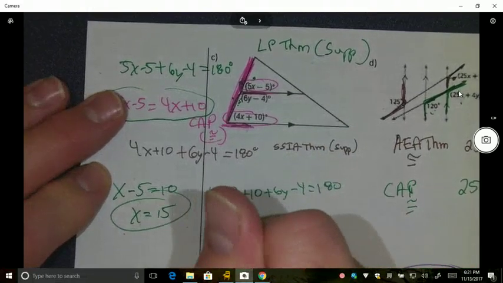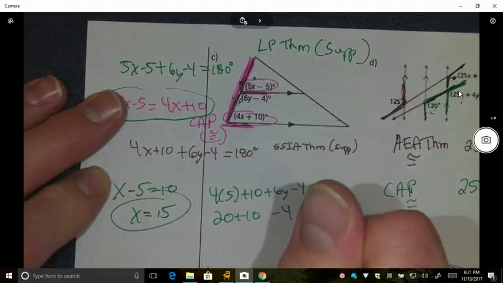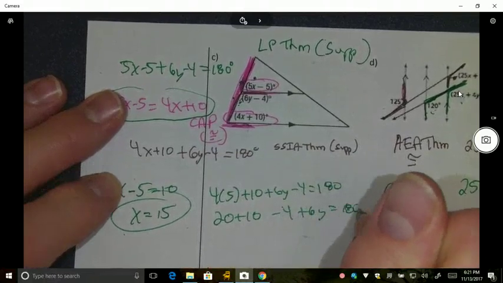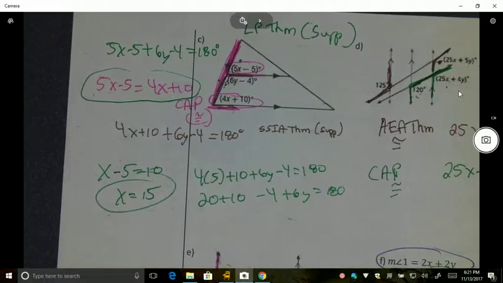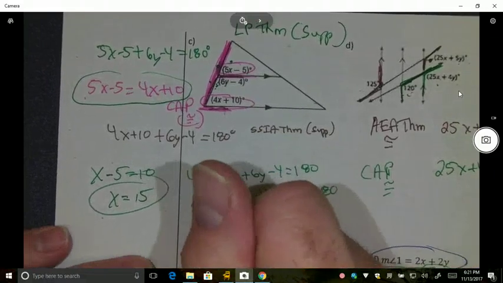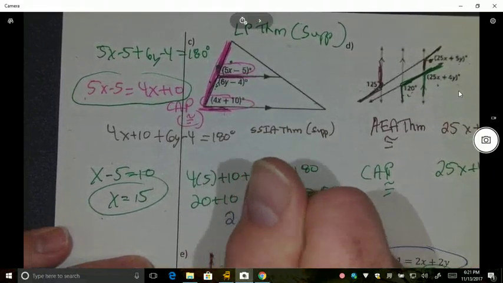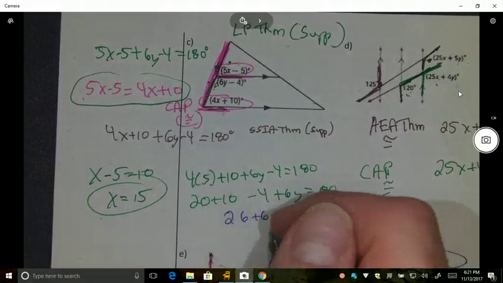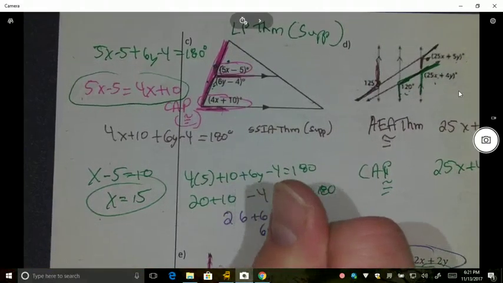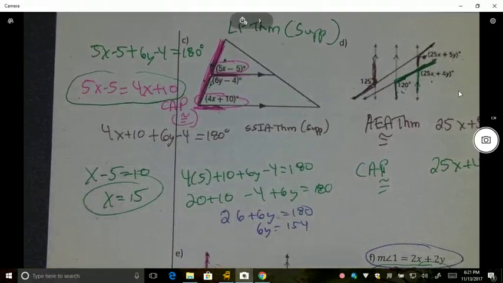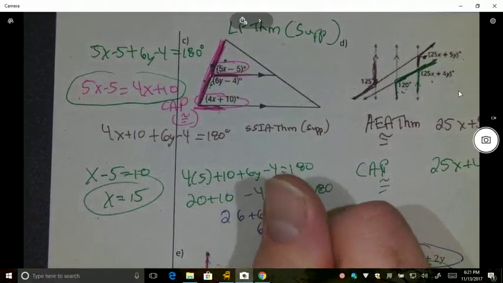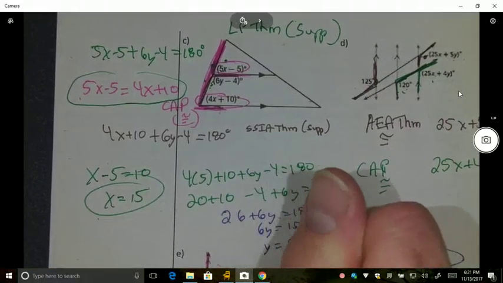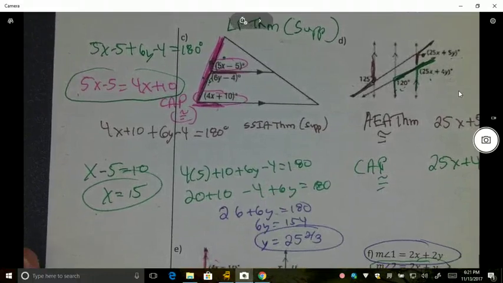So that's 20 plus 10 minus 4 plus 6y equals 180. That's 30 minus 4, which is 26, plus 6y equals 180. 180 minus 26 is 154. Divided by 6, y is 25 2/3, or 25.6 repeated.